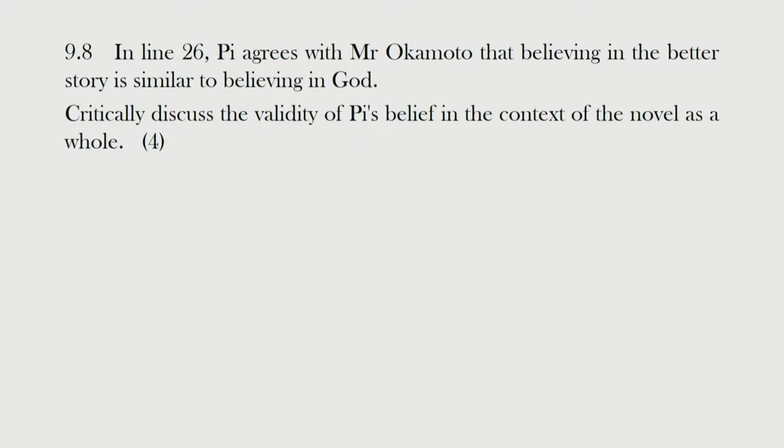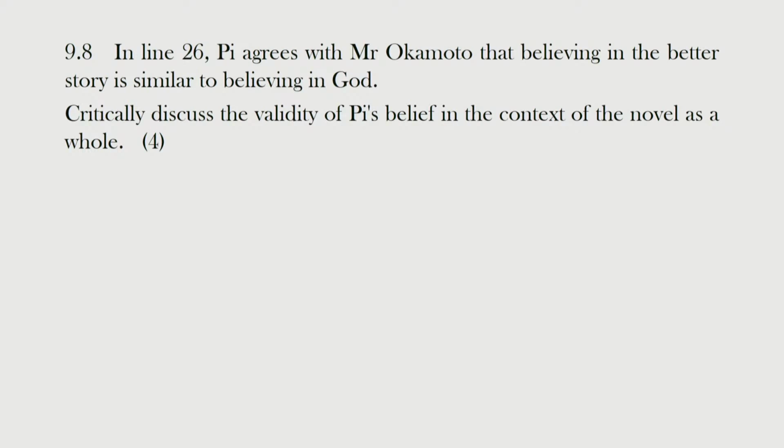And here, this is the one for 4 marks. And what is our instruction? Critically discuss. And when you are critically doing something, you are investigating the merits and the demerits of something. All right? And when you are discussing something, you are investigating by reasoning and logic. Okay.